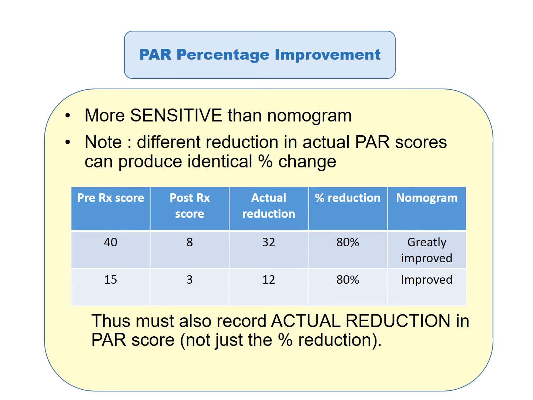And if you use the nomogram, the first one will fall in the category of greatly improved, while the second one will be just improved. Thus, it's important to record the actual reduction in the PAR score and not just the percentage reduction.